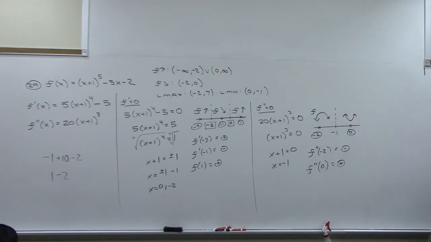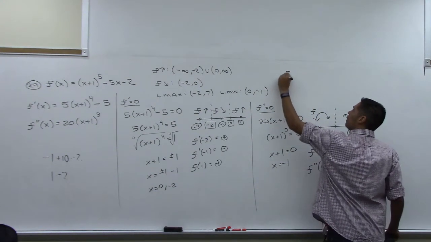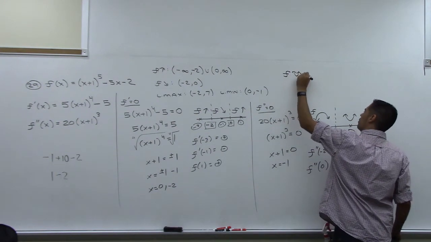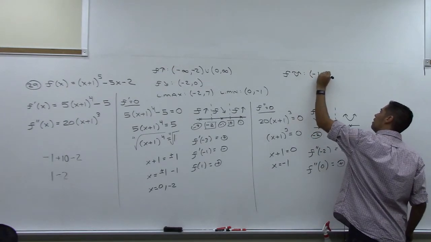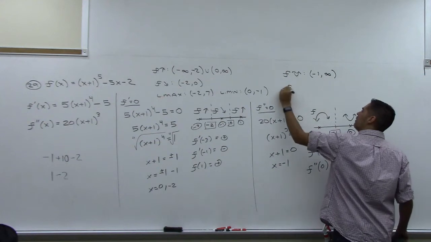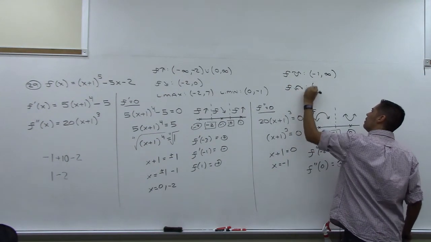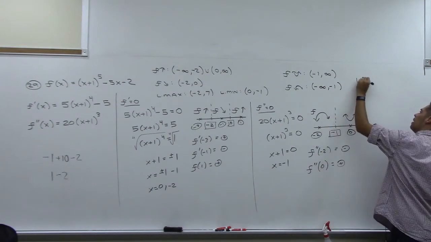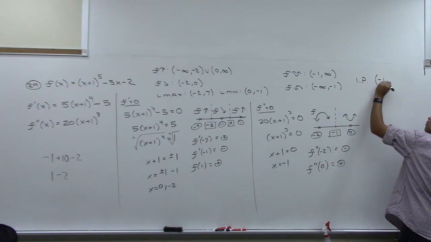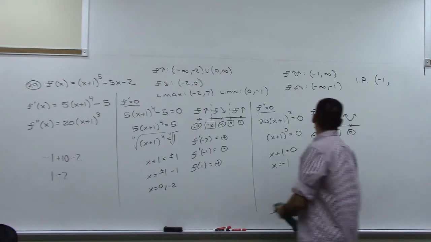All right. That means I have an inflection point here too. So first, original function is concave up on the interval, let's see, negative 1 to infinity. f is concave down on negative infinity to negative 1. I have an inflection point at x equals negative 1, and what would happen if I plug negative 1 into the original function?